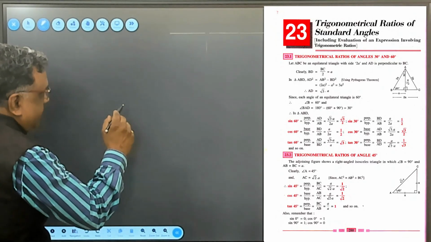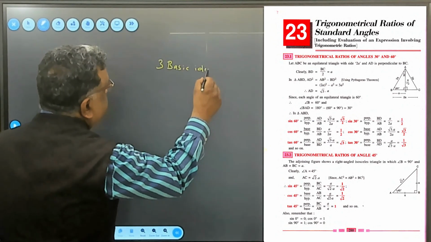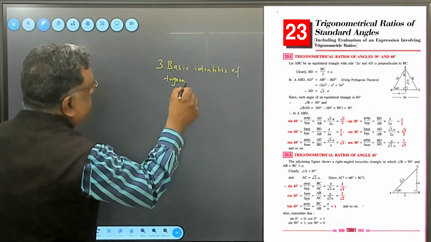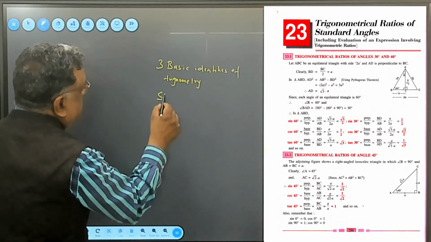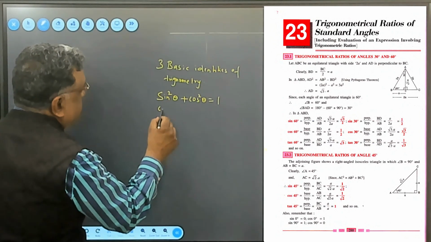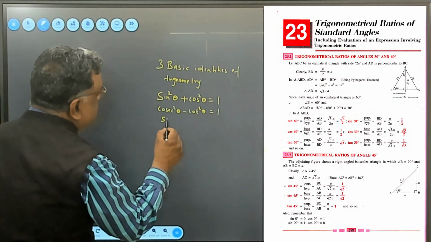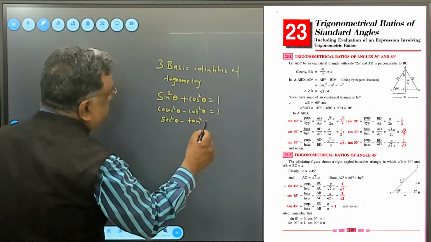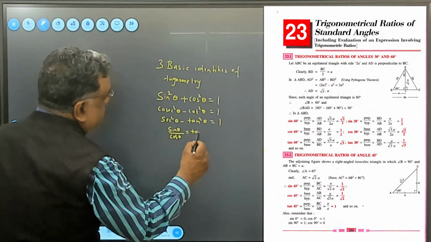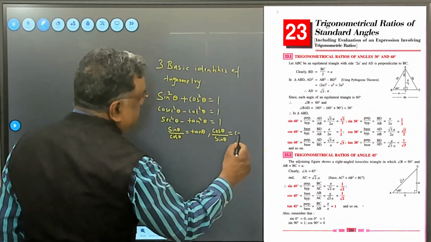So we will try to establish today three basic identities of trigonometry, which is: sine square theta plus cos square theta is always 1, cosec square theta minus cot square theta also is always 1, sec square theta minus tan square theta is always 1, sin theta upon cos theta is tan theta, and cos theta upon sin theta is cot theta.